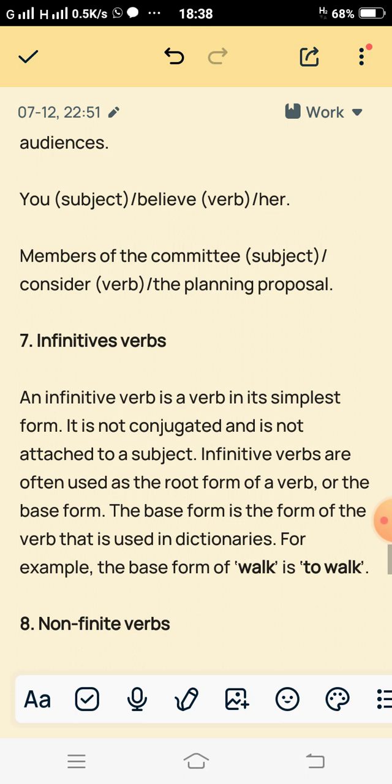The base form is the form of the verb that is used in dictionaries. For example, the base form of walk is to walk.